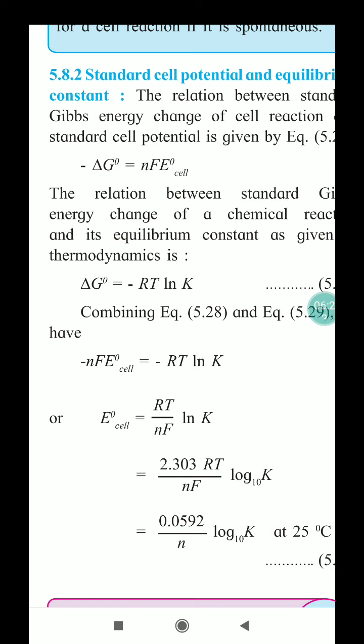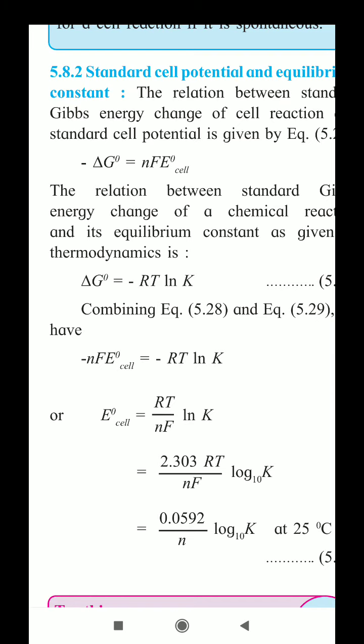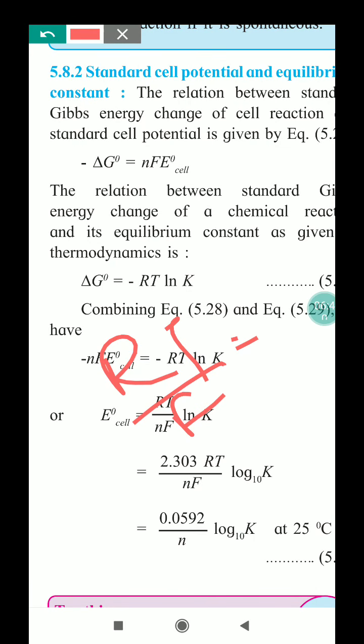Now by putting R is equal to 8.314, temperature at 25 degrees Celsius or 298 Kelvin, and Faraday's constant, that is 96500, the value of 2.303 RT upon F is 0.0592.